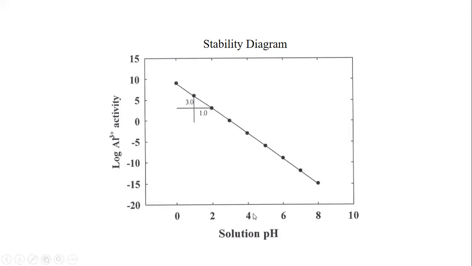Then you measure the pH, go up, and see that if this one is controlling the solubility of aluminum, the value will be this; if it is another line, you read that value. You compare with the value you obtain in the laboratory, where you measure aluminum and calculate its activity from that concentration. Which of these lines really gave you that value? Then you say, that is the compound that controls the aluminum activity in that solution.